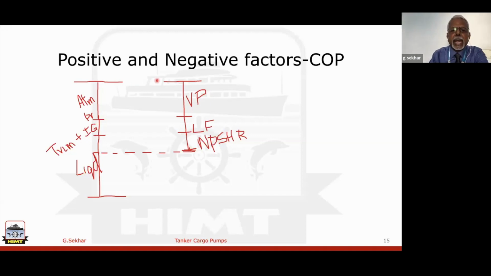If you see the negative factors here, they depend upon the type of cargo you have inside the cargo tank. Let me ask you: suppose you are on a product tanker discharging fuel oil at 60 degrees Celsius.